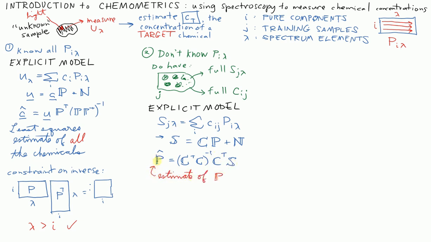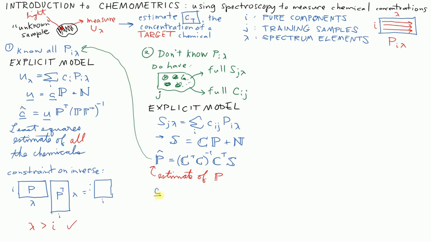Now that you know an estimate of the pure spectral matrix of all the components, you can actually jump right up to here now and pretend that you were in case number one. You now have an estimate of exactly what you started off with in case number one. So obviously you can then figure out what the spectrum is of your unknown chemical the same way as before. It would be almost an identical expression.